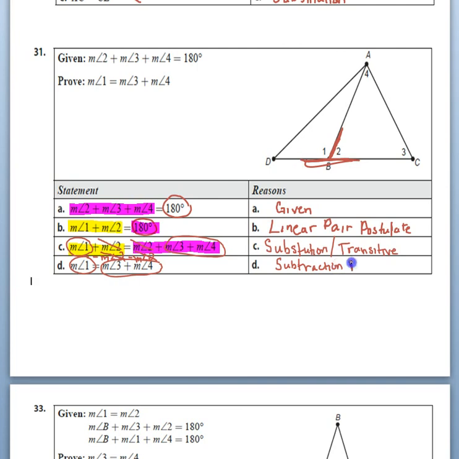And again, just like the last proof, the most technical thing to put here is subtraction property of equality. Probably if you just put subtraction, you'll be okay. But the most correct thing there would be subtraction property of equality.